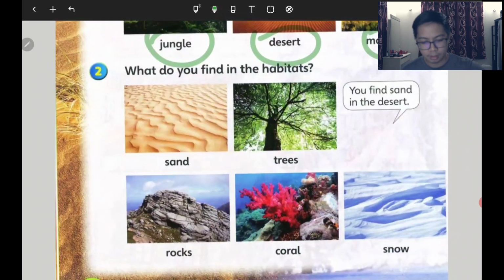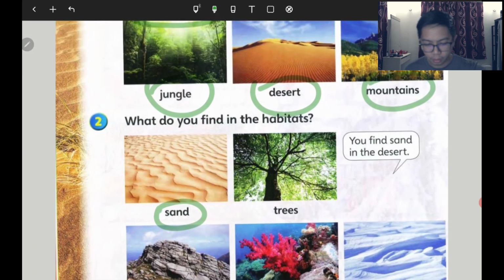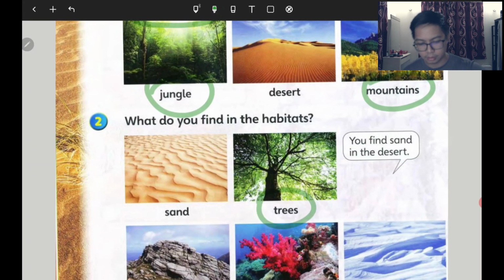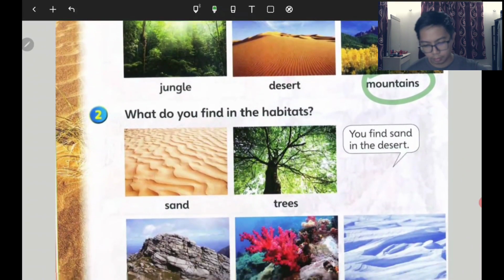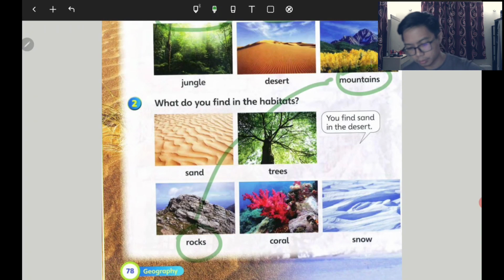What are they? For example, the sand. We can find sand in the desert. How about the trees? You can find them in the jungle. How about rocks? You can find them in the mountains. Okay.